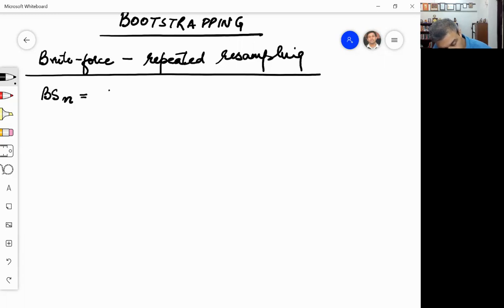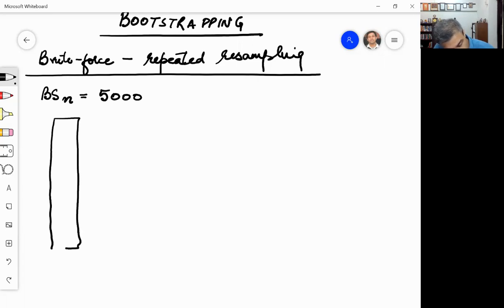Okay. So for example, I told you we will specify 5,000, right? So this is an input that you will always have to give to the software. Now, what happens in bootstrapping is we had an original sample which was of 557 elements, right? This was our sample.